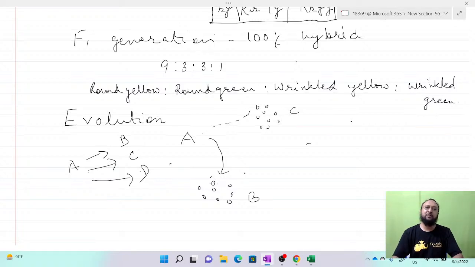Independent lineages will form new species. This is how new species are formed.